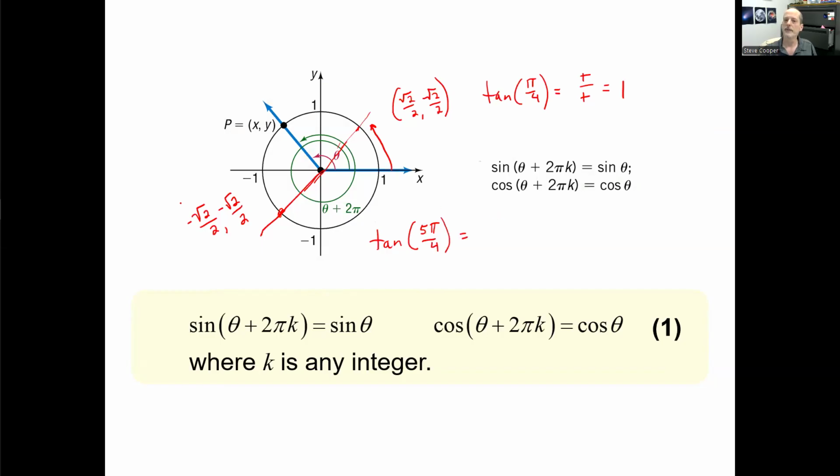Because it's equal to the same negative value divided by the same. So divide any number by itself and we get 1, divide a negative by a negative and we get a positive. So notice that we end up with the same answer. So that's why the tangent has a shorter period than the sine and cosine.